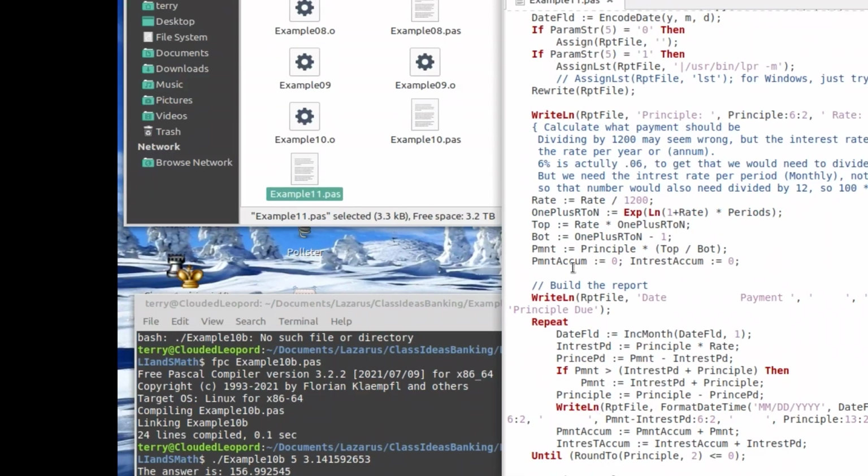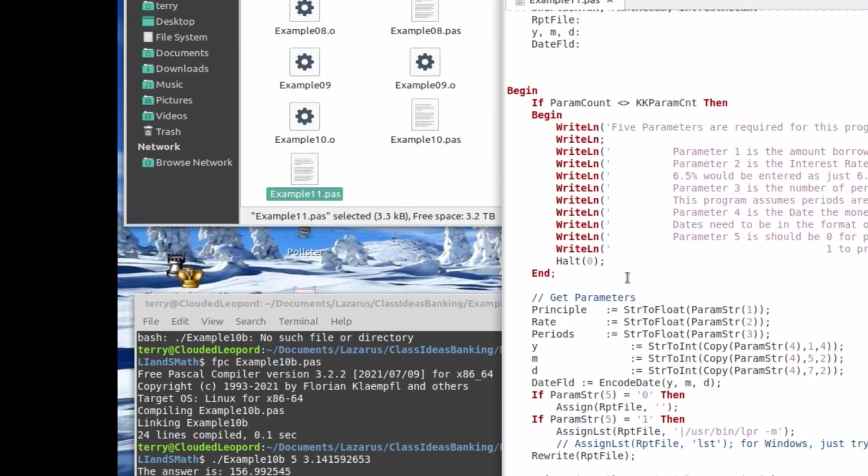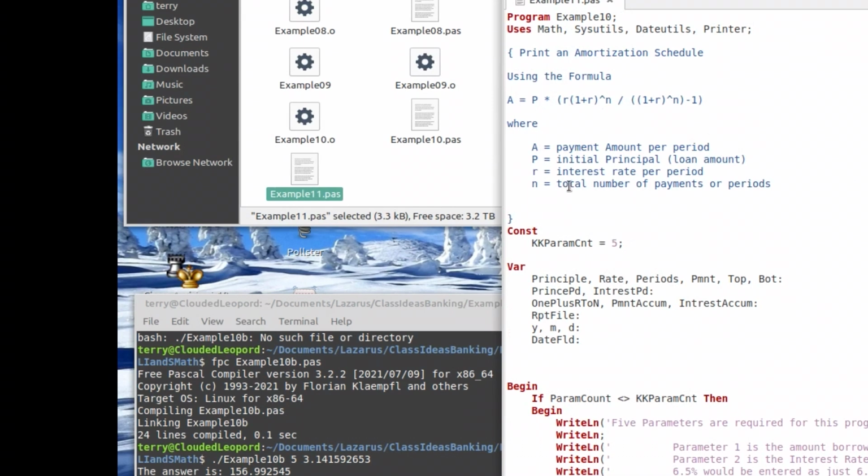into the top variable, and the bottom is going to be the 1 plus R to N minus 1, which is this part. I can divide those two and multiply it by principal.